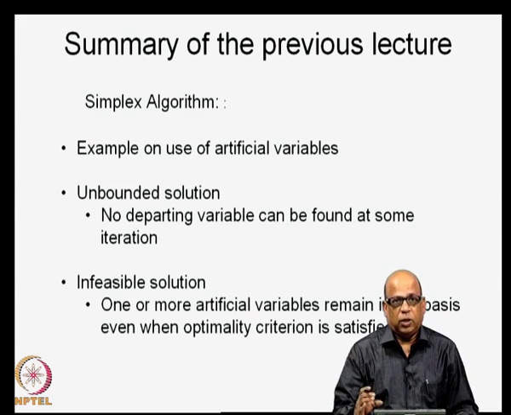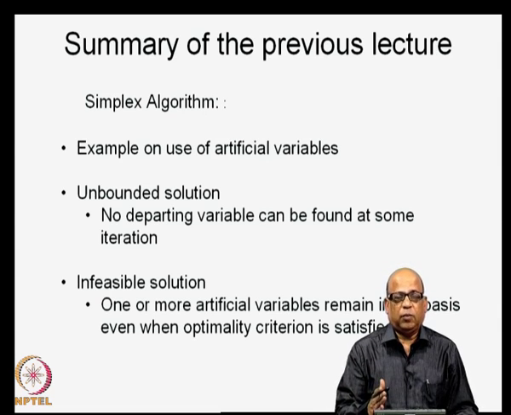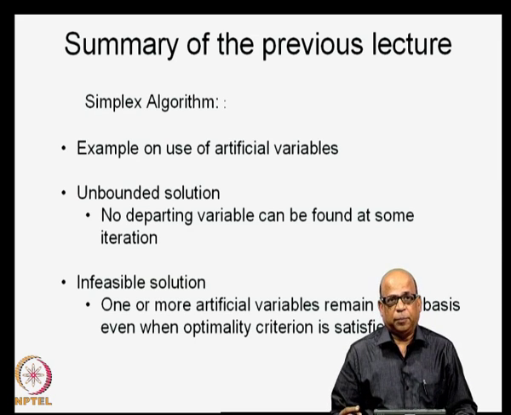Therefore, we introduce the artificial variables and penalize the objective function corresponding to them, to ensure that if there is a feasible solution, the artificial variables exit the basis sooner rather than later.